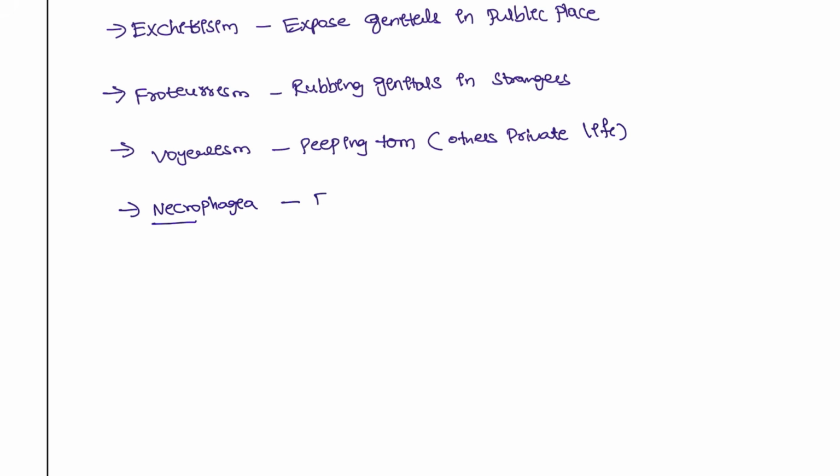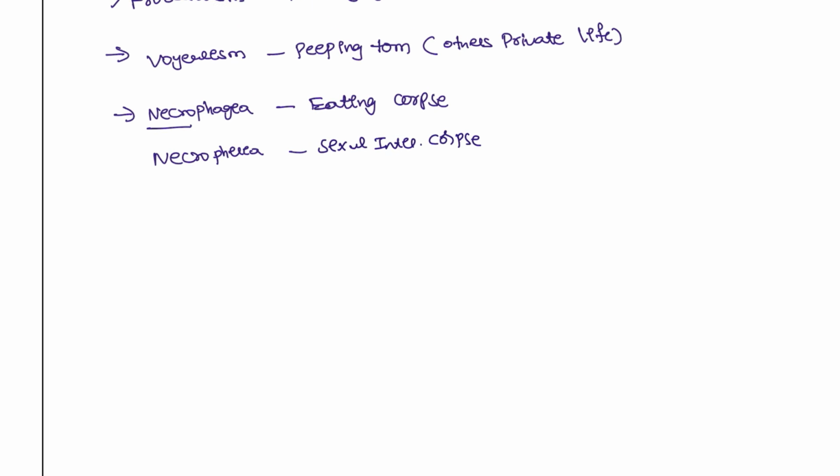So necrophagia means eating the corpse. And necrophilia is known as having sexual intercourse with the corpse, and both are also considered crimes in India. Okay, these are the crimes that are most commonly considered.